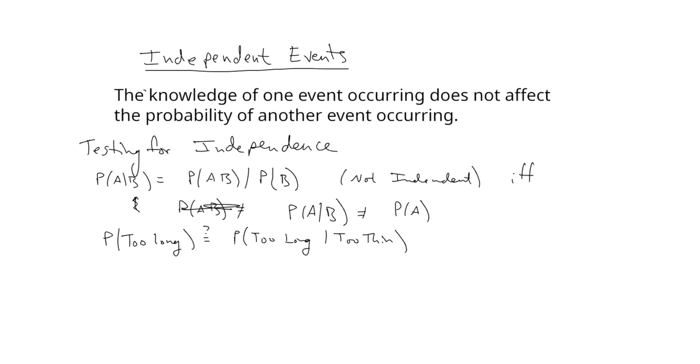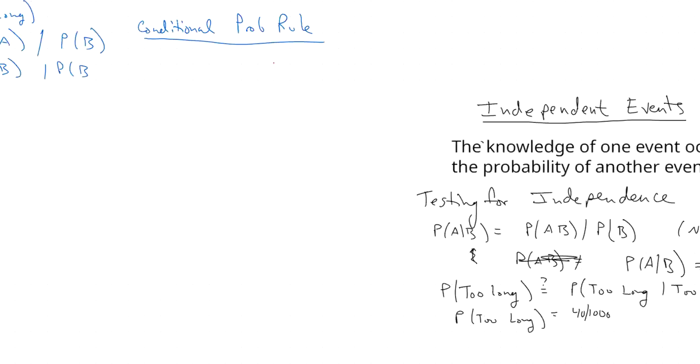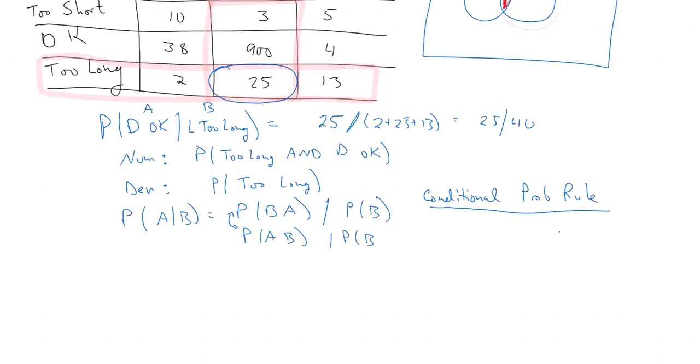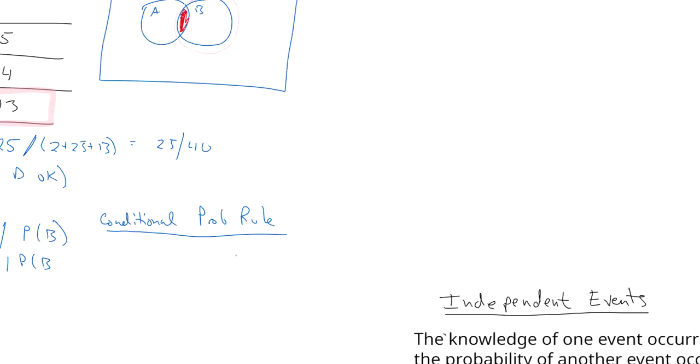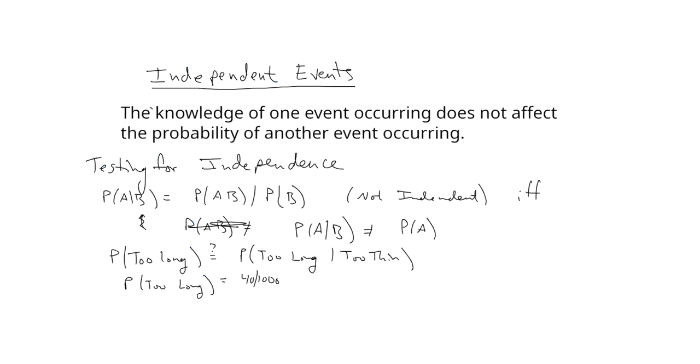The probability that it's too long is 40 over 1,000. Too long was 40, too thin is 50. Now the probability that it's too long given that we're too thin.